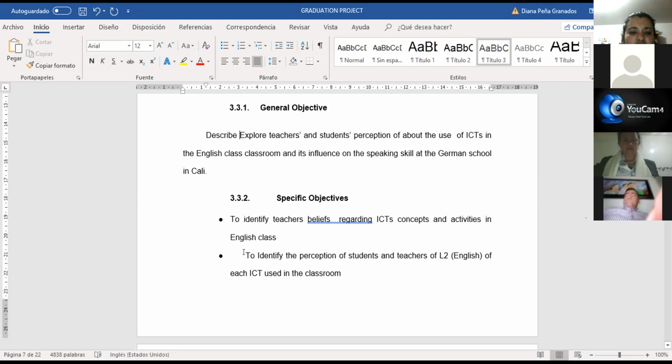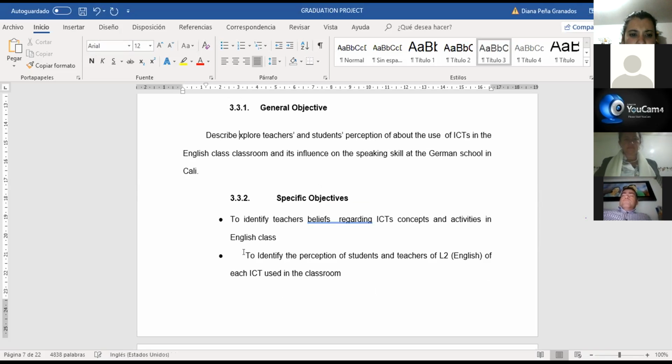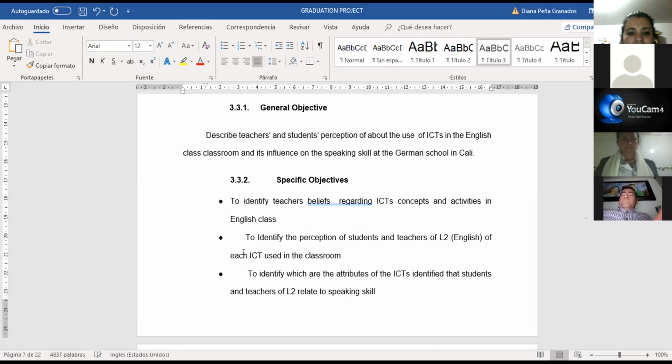Okay. So change describe and delete explore, right? Now, instead of to identify students, so to explore students' beliefs and the same thing regarding ICTs, use concept and use in class.